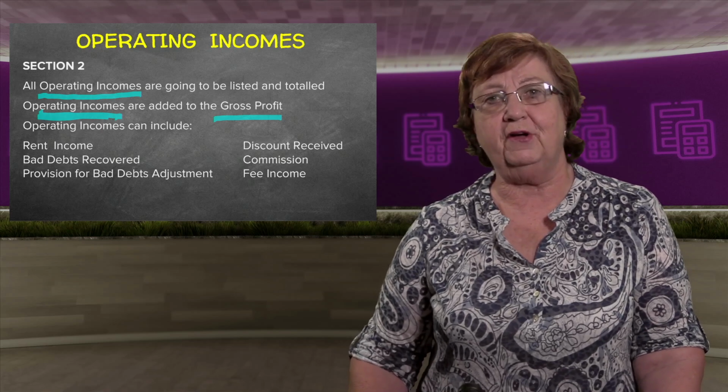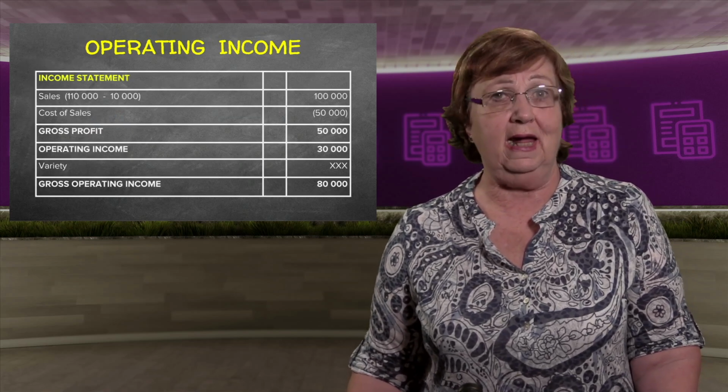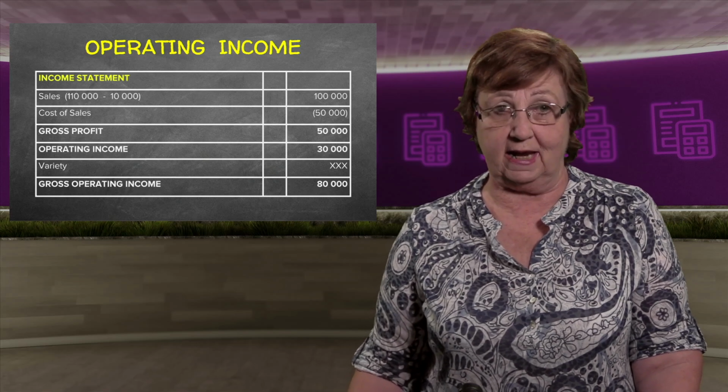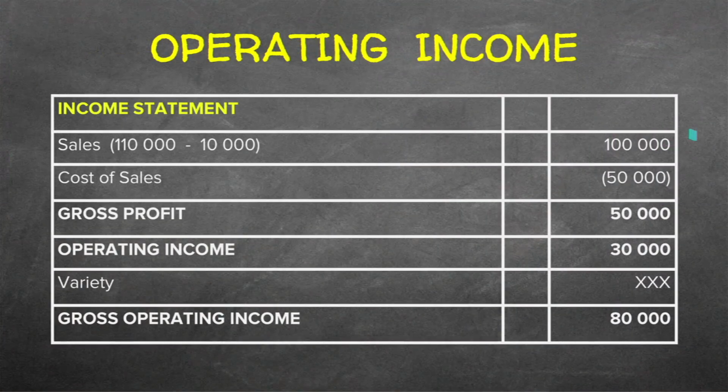So let's have a look what this would look like in our income statement. Now, you will note that the first 3 lines is what I did just now. It was calculating my gross profit. So now I've got another heading called operating income, and I've just put in variety. Please, you can't write variety. You will have to say rent income, commission, fee, etc. And you will have to list them one by one.